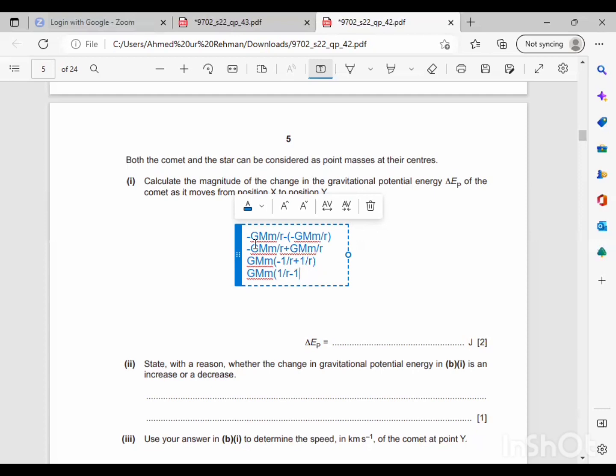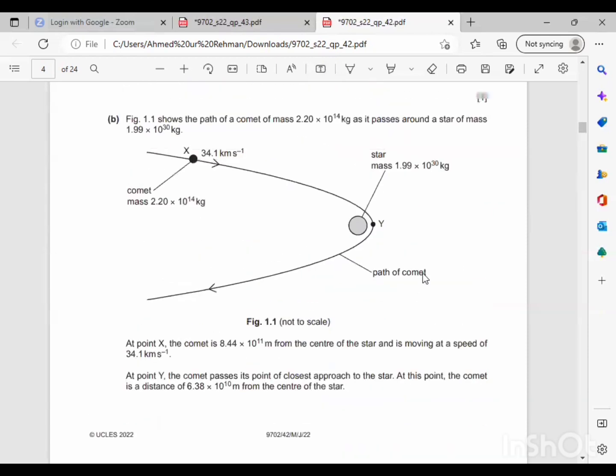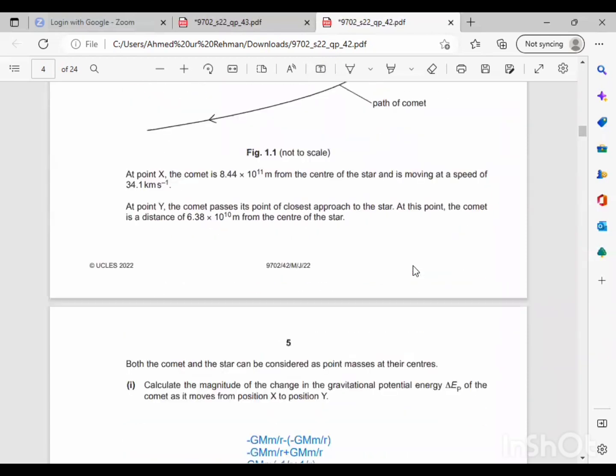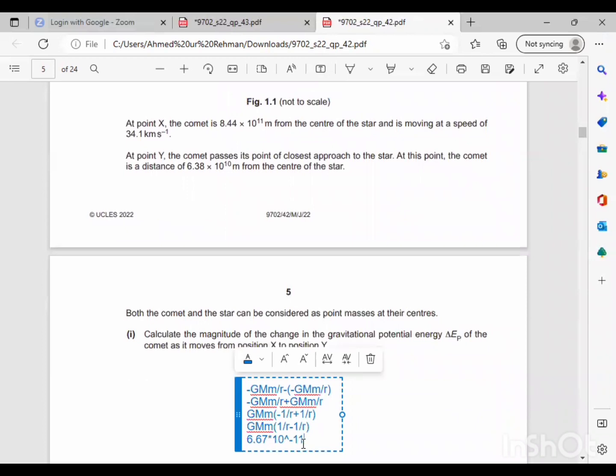And now you can finally substitute in the values, right? So my values are going to be G is a constant, 6.67 into 10 to the power minus 11, so that stays the same. And then the mass of the comet and the mass of the star. So the mass of the star is 1.99 into 10 to the power 30.